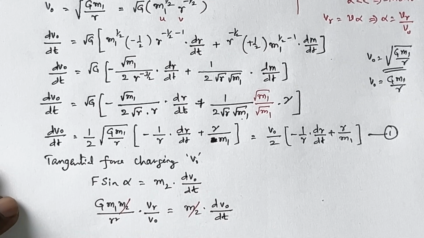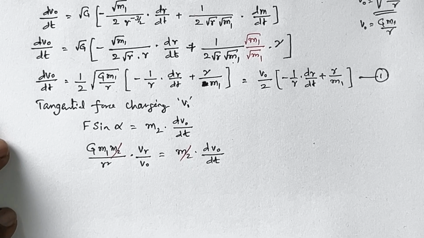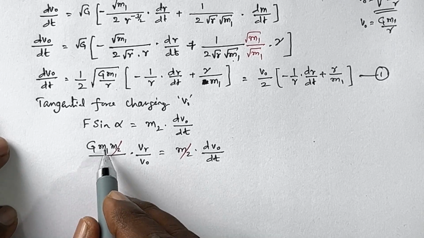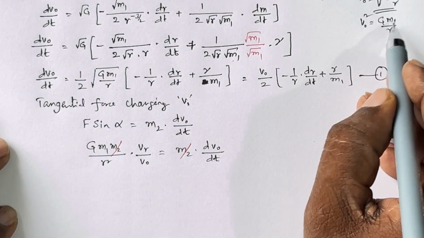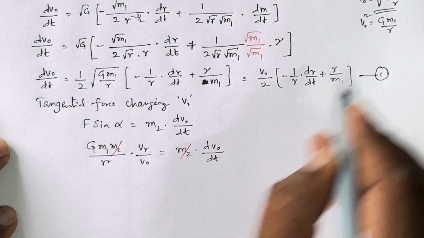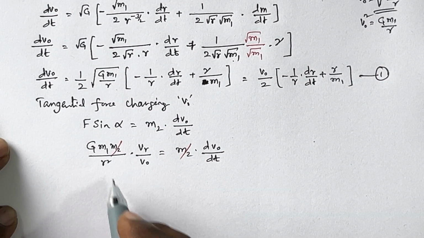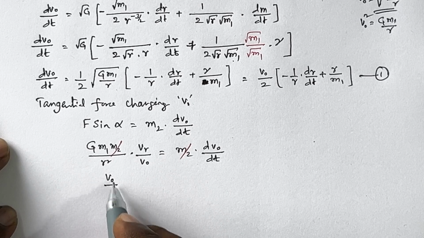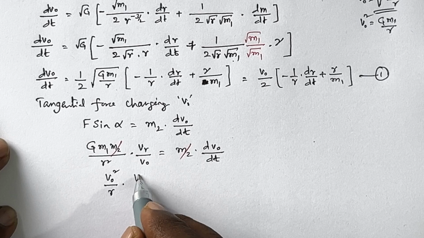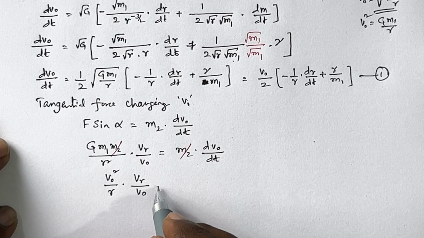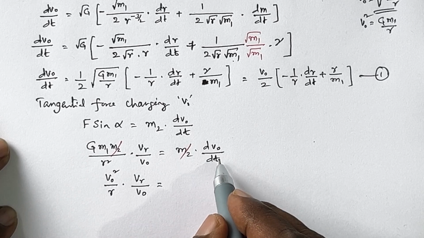Now, v naught square is equal to g m1 by r. So I can write v naught square into Vr by v naught is equal to dv naught by dt.